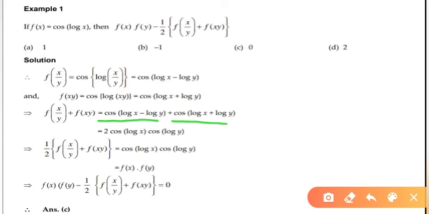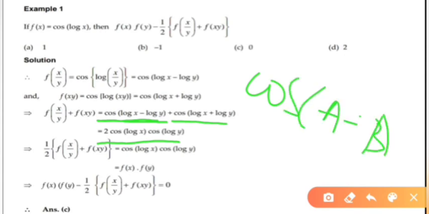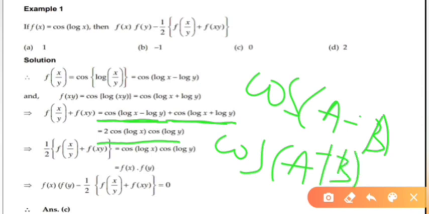By using these trigonometric identities, the sin term gets cancelled here, positive and negative, and only 2 times cos log x cos log y remains. Therefore we can write it as 2 times cos log x and cos log y. Here the sin a sin b term gets cancelled, right? The first one is in the form of cos a minus b, and this one is cos a plus b, right?